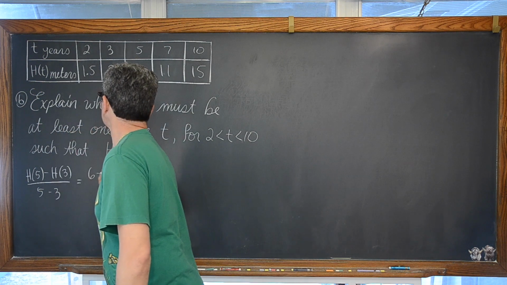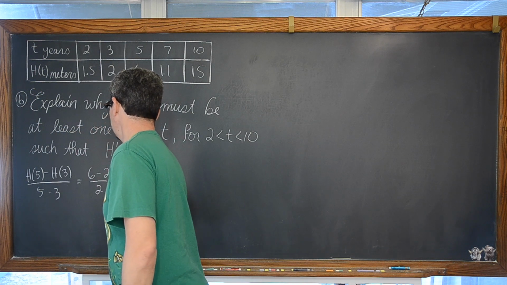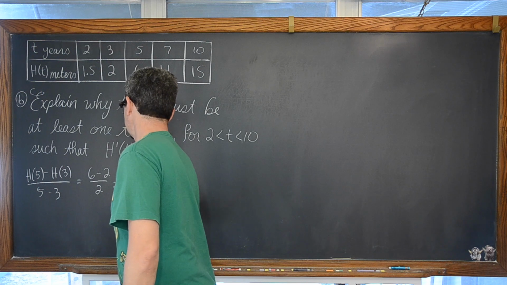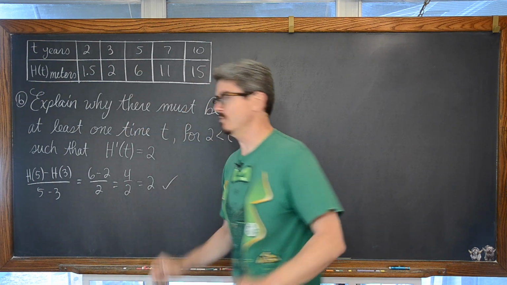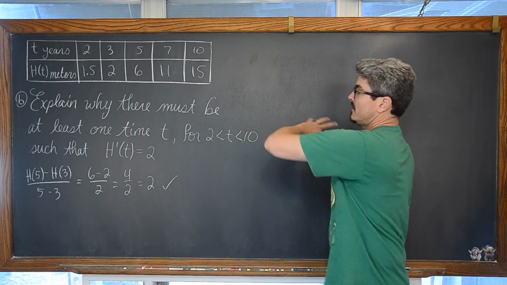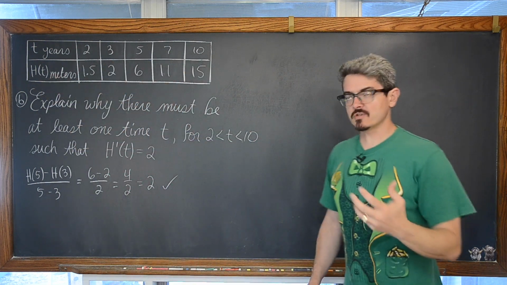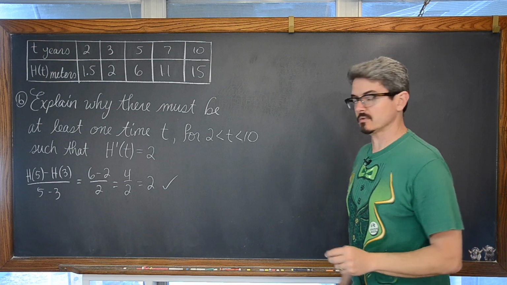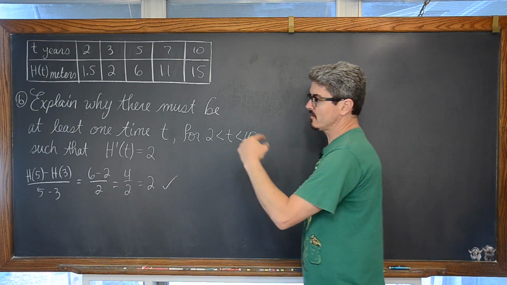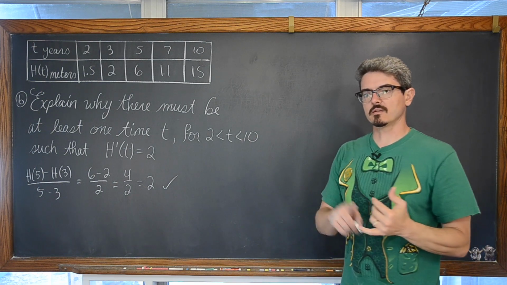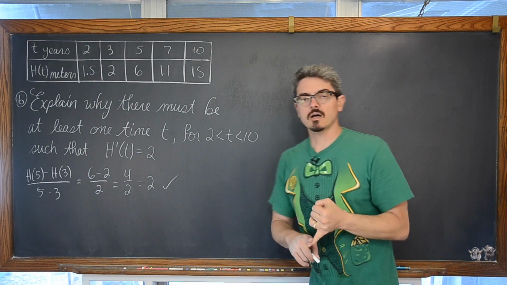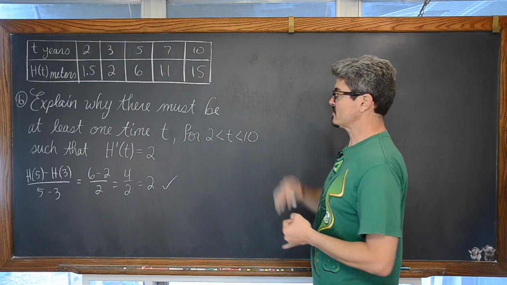Well, that's 6 minus 2 over 2, which is 4 over 2, which is equal to 2. Boom, we found a place using this information about function h where the average rate of change is equal to 2. Well, then on that interval from 3 to 5, we need to have that continuity, and we have the differentiability stated.